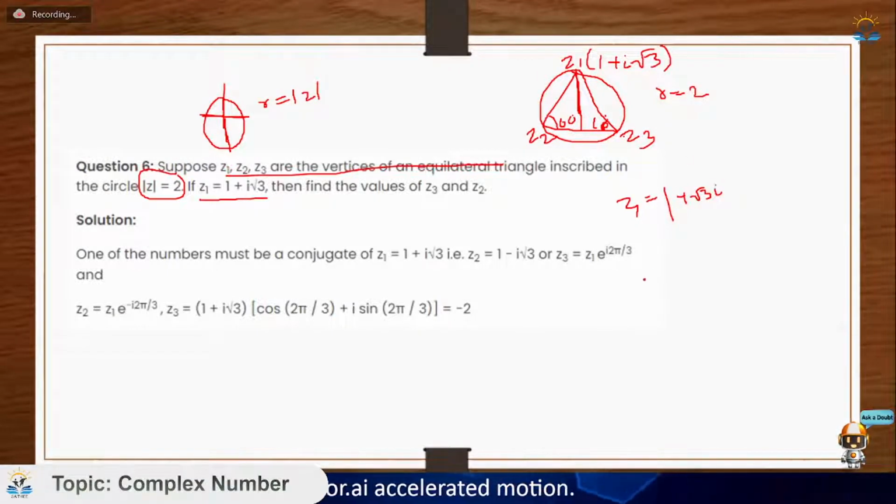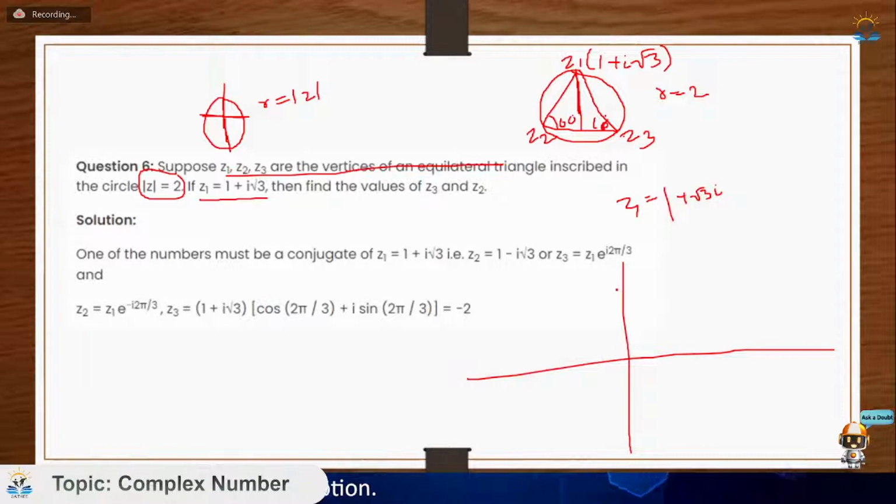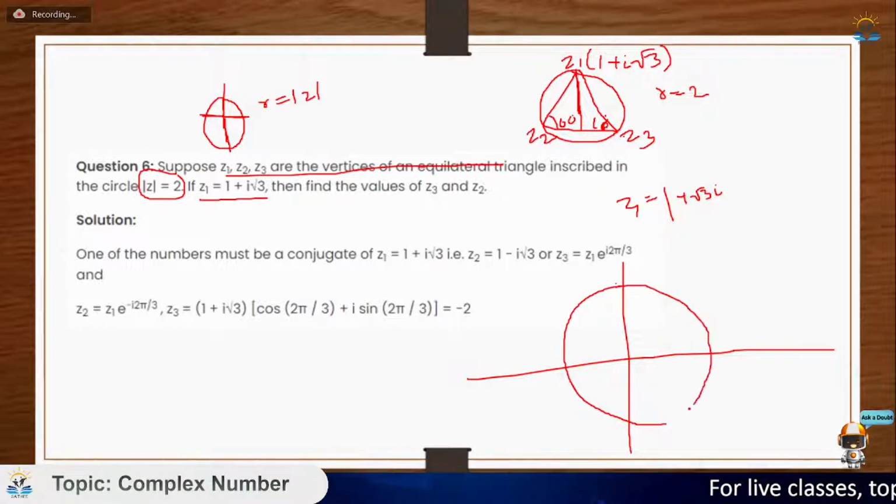So if I take the symmetry, if I draw it correctly, it is something like this. This is my circle, and this is my triangle.